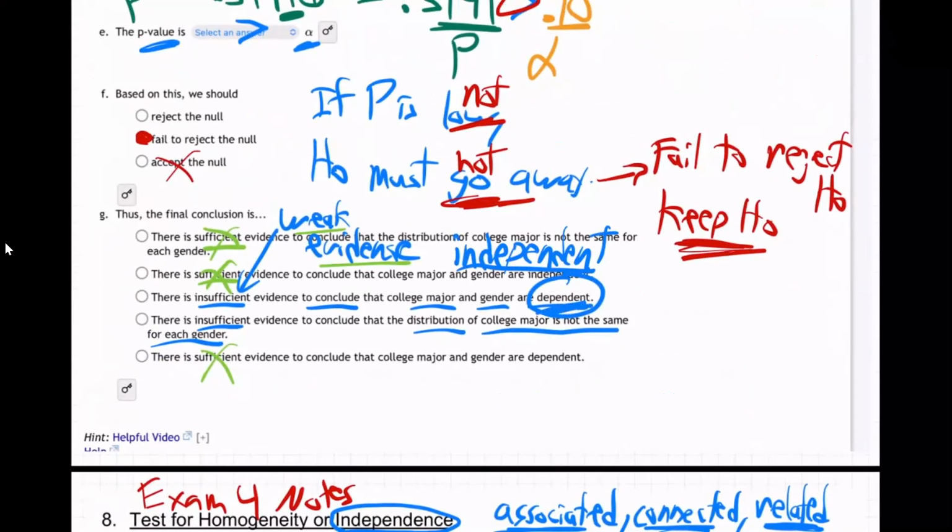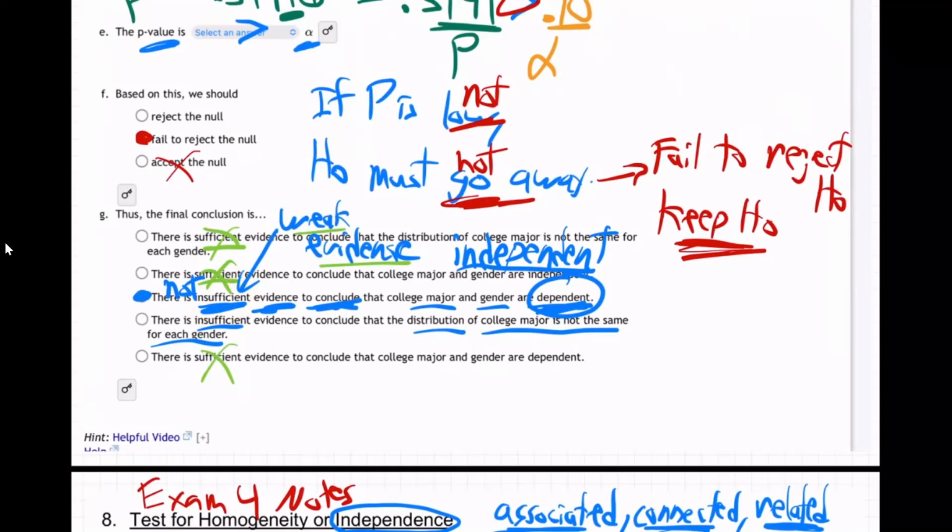We should actually. Why? Because look what it says, that there was not enough evidence to conclude, right, that they were dependent. Whenever they say insufficient, that's like saying not enough. It was insufficient. It was weak.